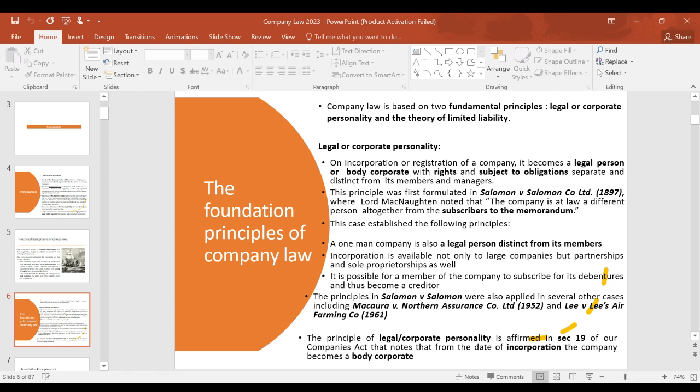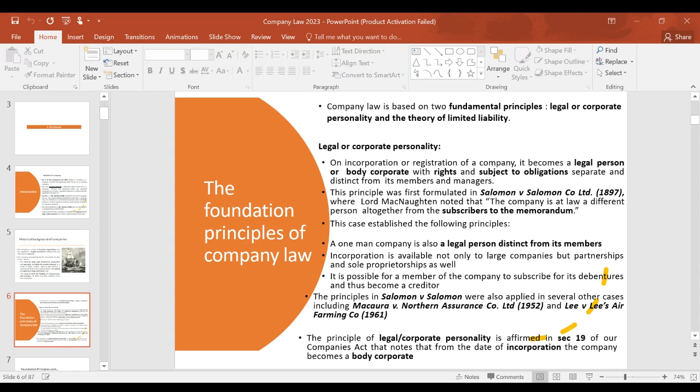Now, there are two major founding principles of the company law, and these principles include one, legal or corporate personality, and two, limited liability. So let us look at first, legal or corporate personality.